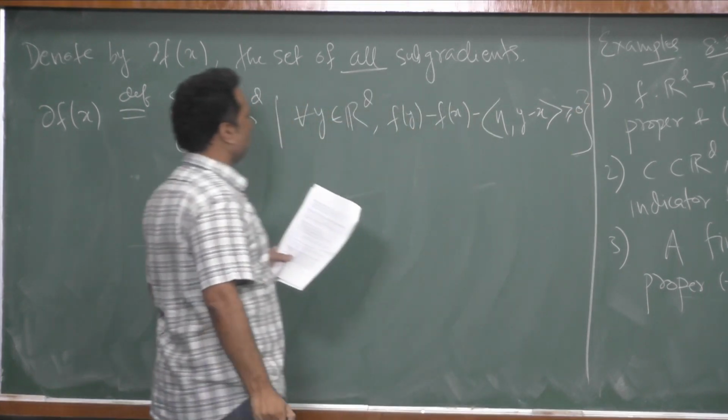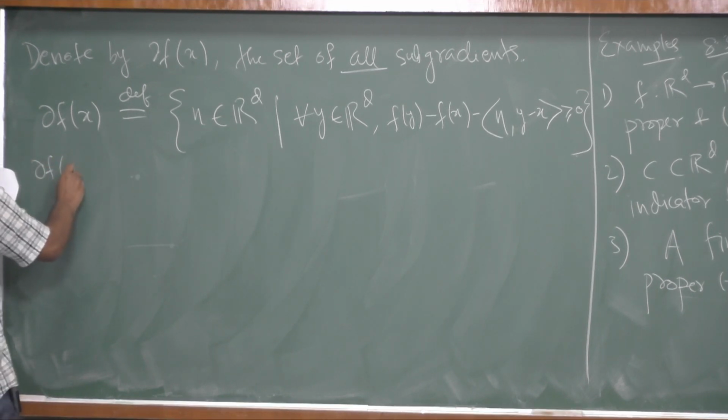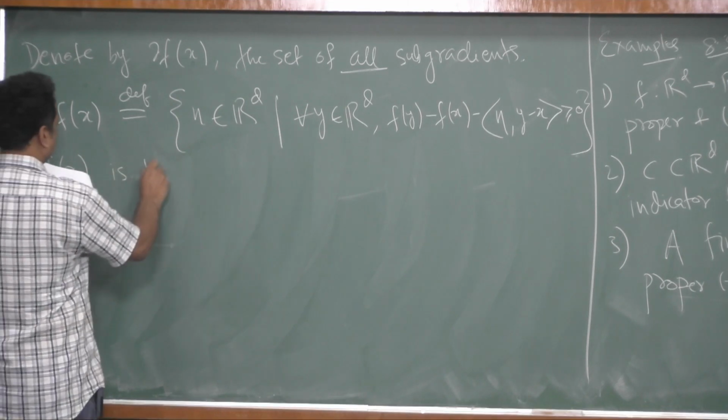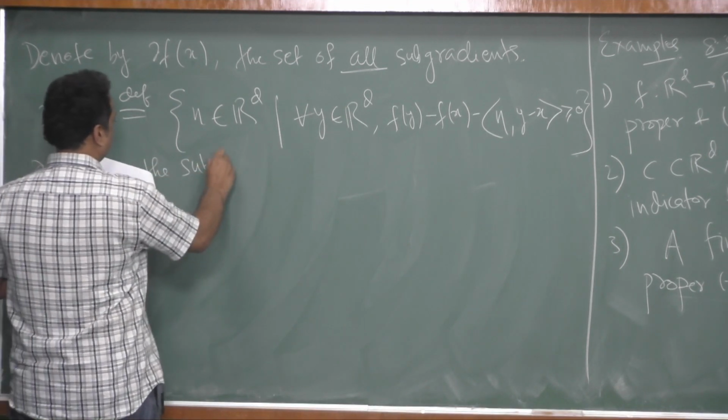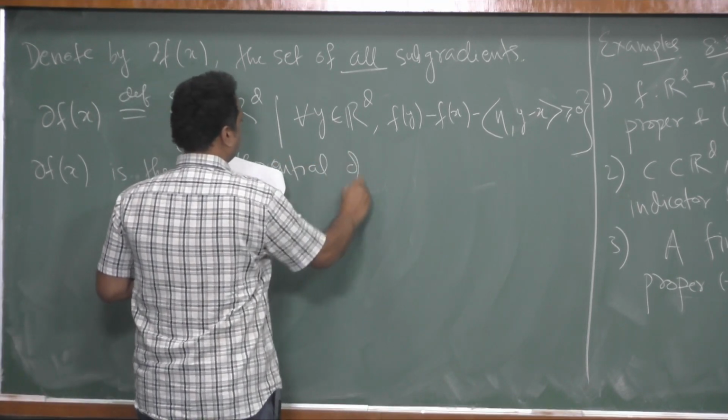Okay, so basically we collect all those eta. So this forms the collection of all the subgradients at the point x. So del f(x) is the subdifferential of f.